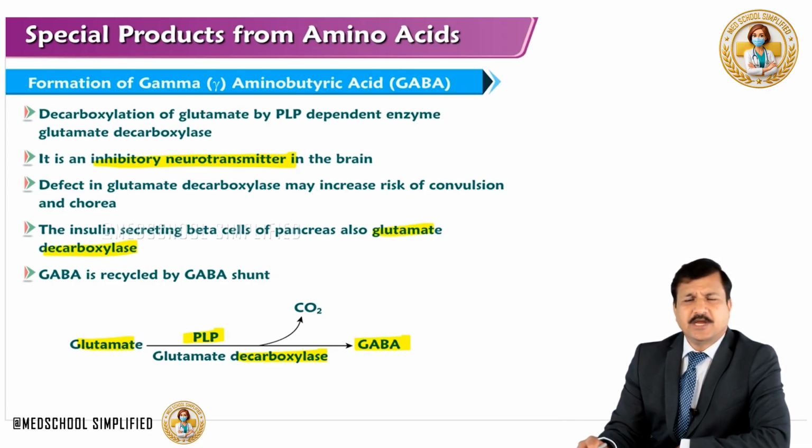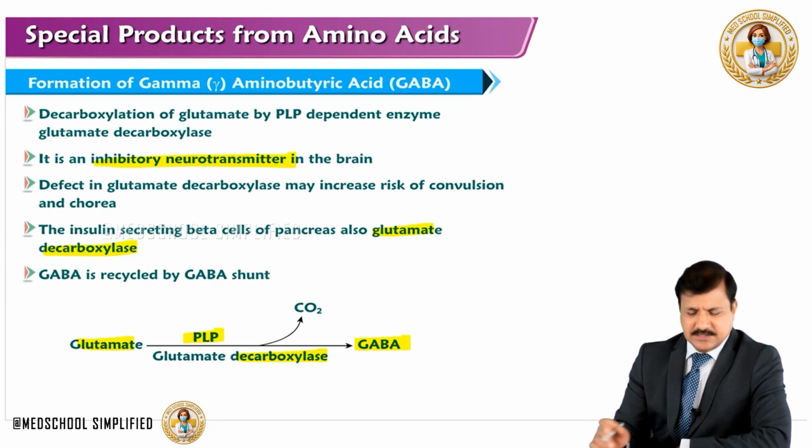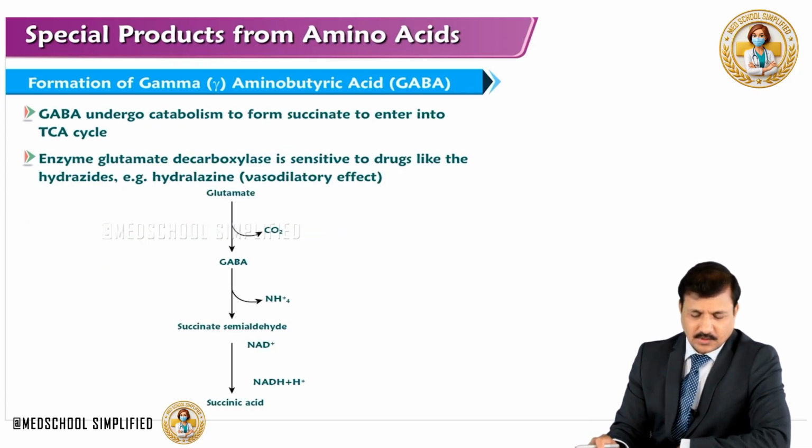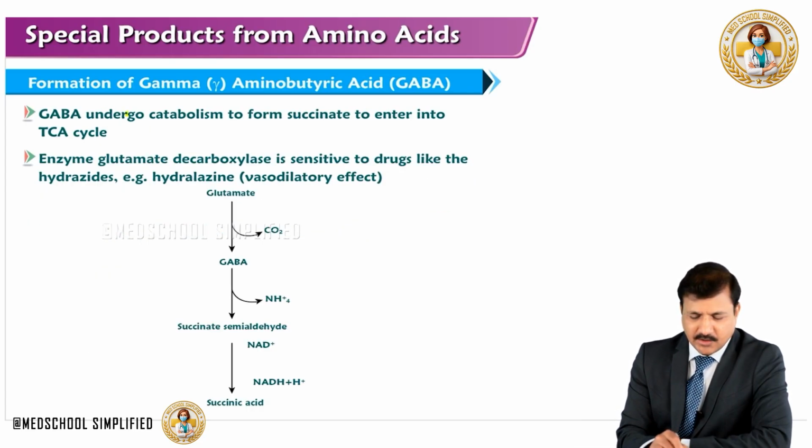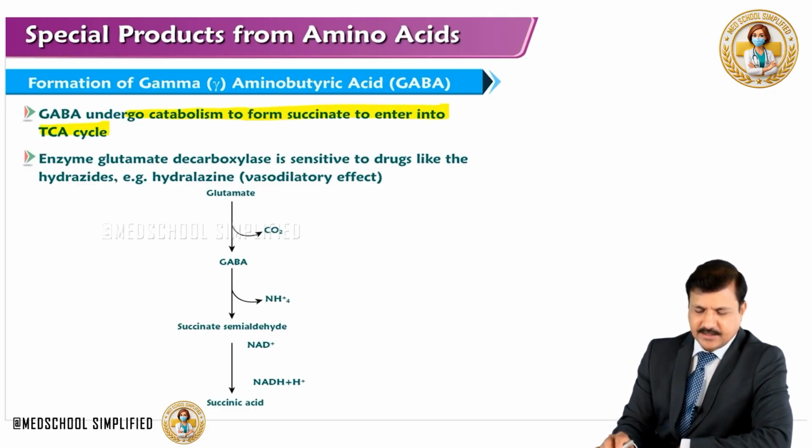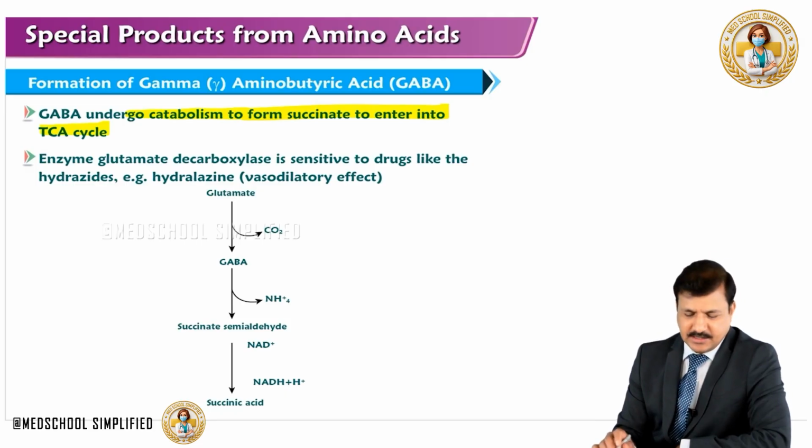The GABA that is made by glutamate decarboxylase is recycled by a process called GABA shunt, where GABA undergoes catabolism to form succinate, and then that re-enters the TCA cycle.